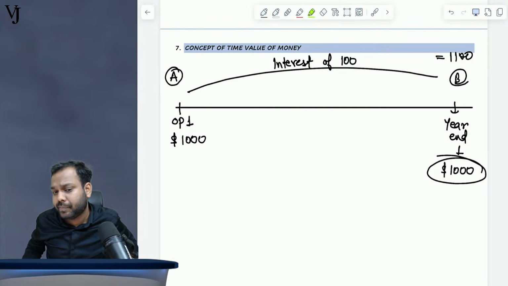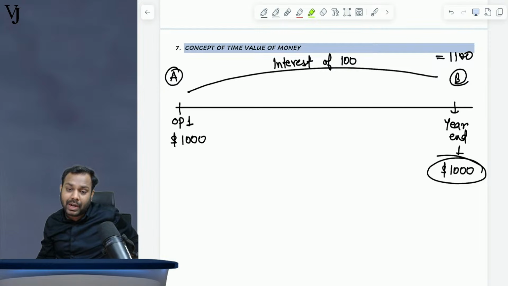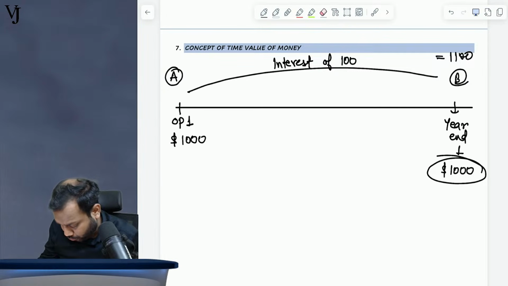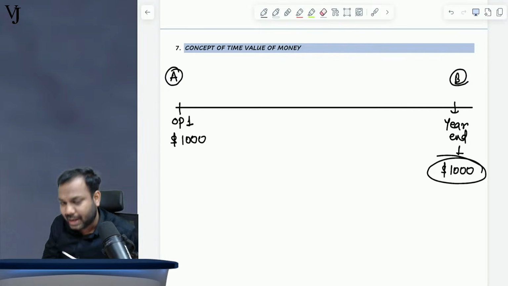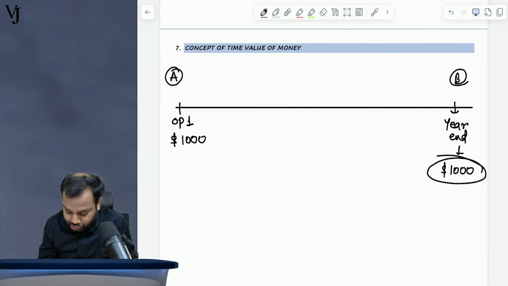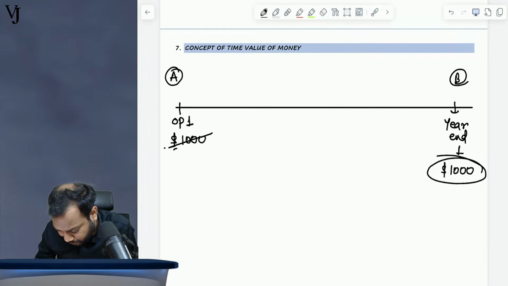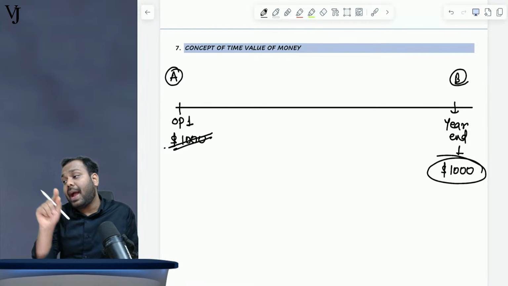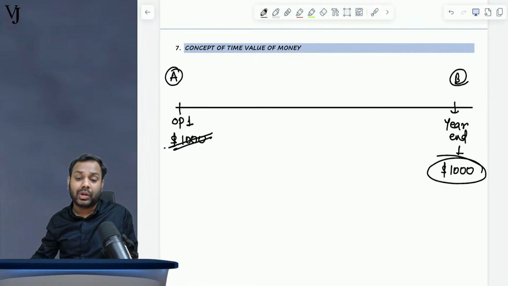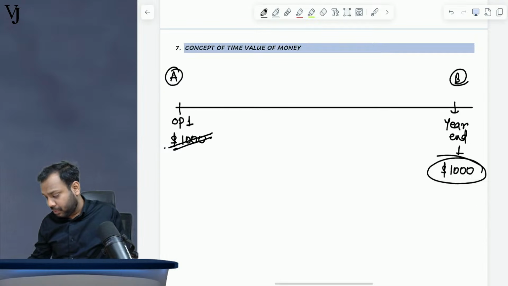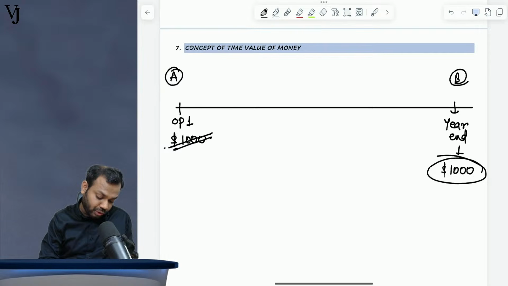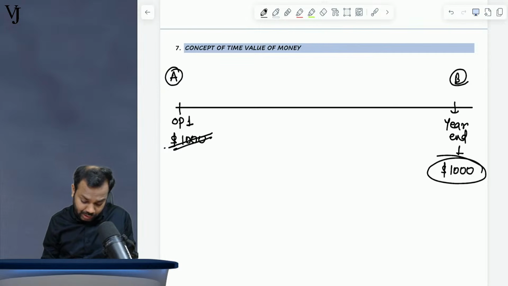Tell me, how can I do that? In that case, I will have to change. I will say that if you take at year end 1, I will give you 1000. But if you take it now, I will give you how much? 1000 divided by 1.1 is $909.